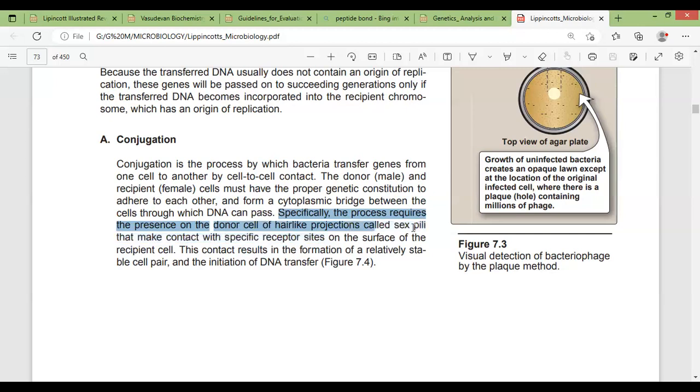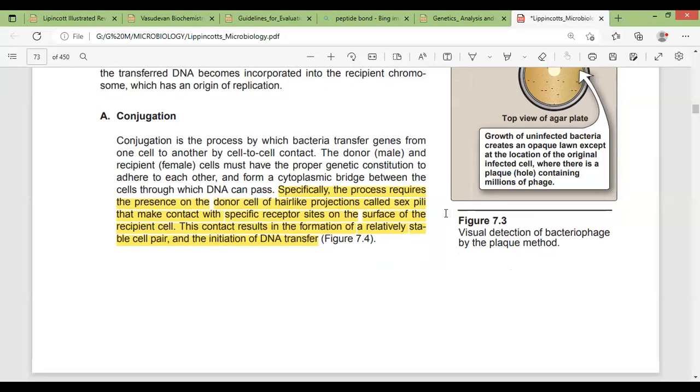These are the ones that make contact and create the DNA transfer. In short, remember we said we have the male and the female. The male is the donor, the female is the receiver. So all the male, or rather the donor, needs is the sex pili. The sex pili is what makes contact with the female cell. And once it makes contact, through a series of processes, these cells are able to fuse.